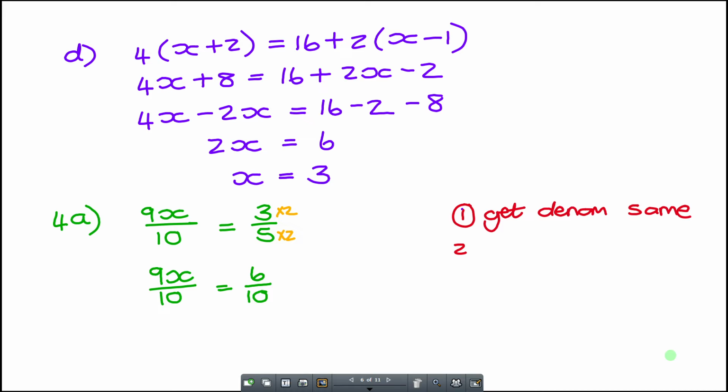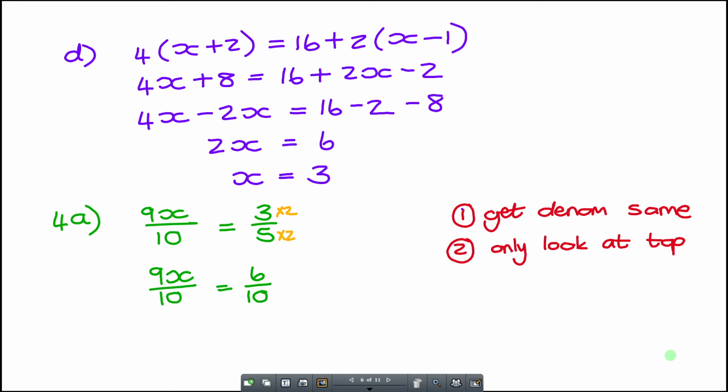Once we've done that, like we've done now, what's our next step? Once my denominators are the same, everything at the bottom is the same now. So we only have to look at what we have at the top.